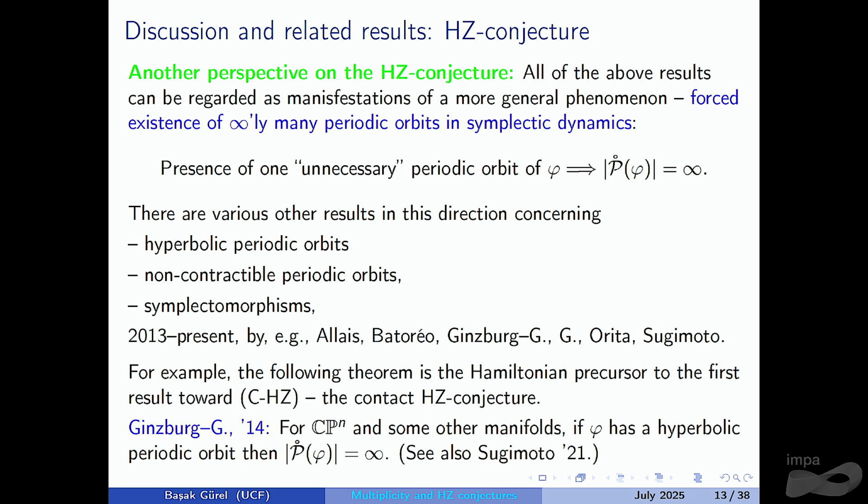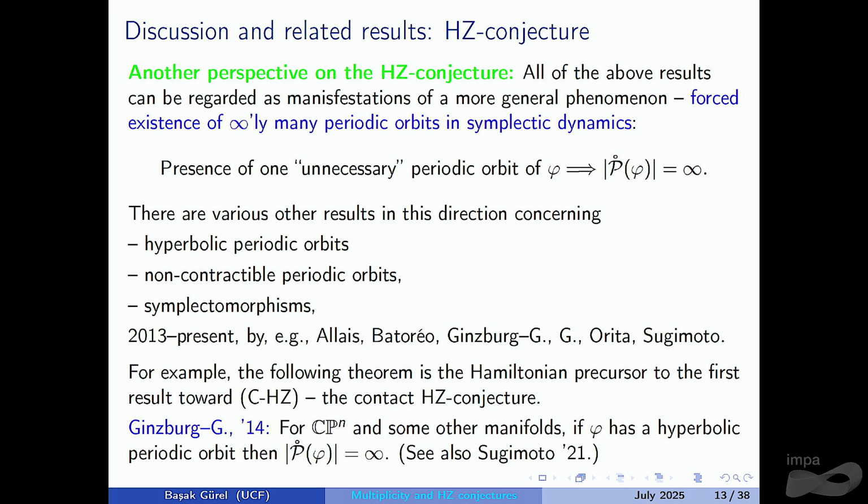So you can definitely view the Hofer-Zehnder conjecture in this context, for example. And then we have various results under these conditions, again going back to works of Allais, Marta, our work, and other people.